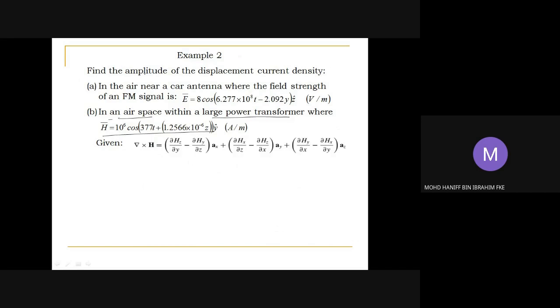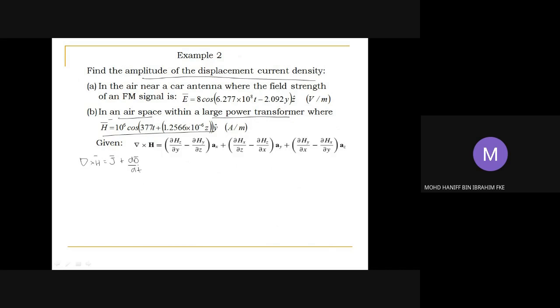So we need to find the amplitude of the displacement current density. How do we find the displacement current density based on this H field? We have agreed that the Maxwell equation is curl of H equals J plus dD over dt.